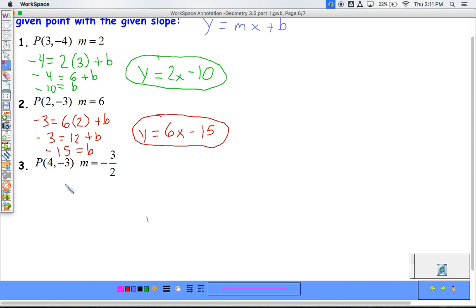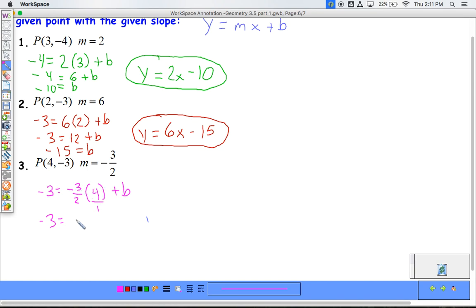Same process. So again, y equals, -3 equals m, which is -3 over 2, times x, which is 4, plus b. So -3 equals. Now to multiply this, remember this is 4 over 1. To multiply fractions, you go straight across.